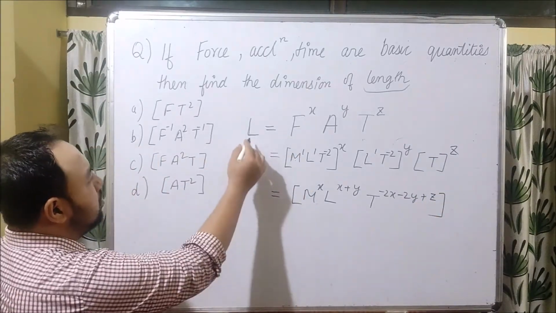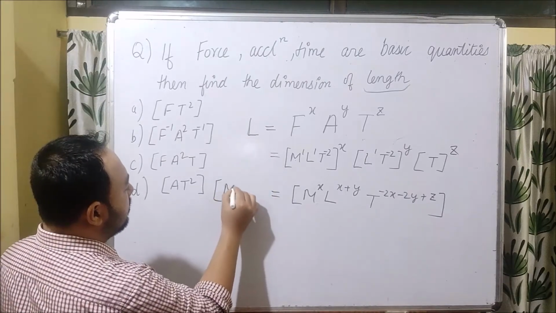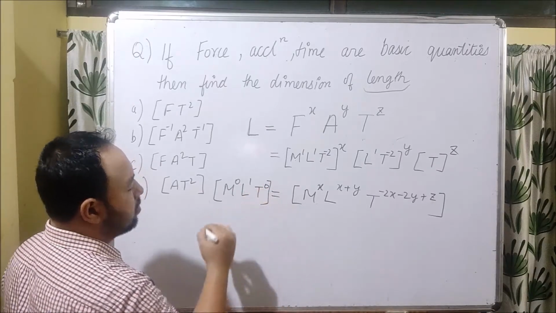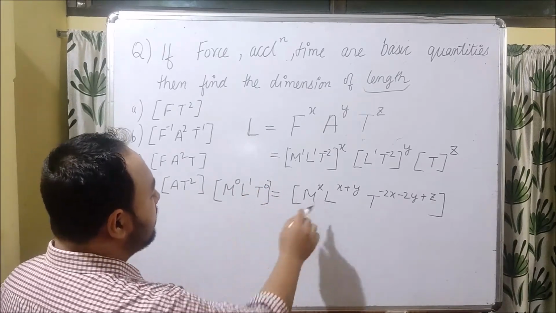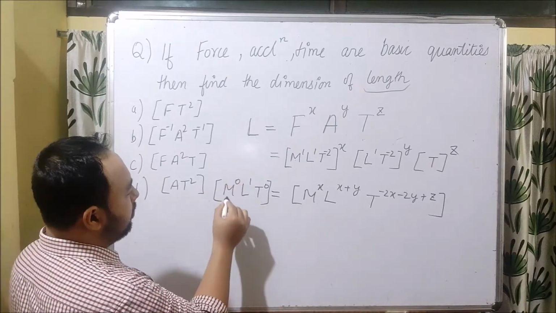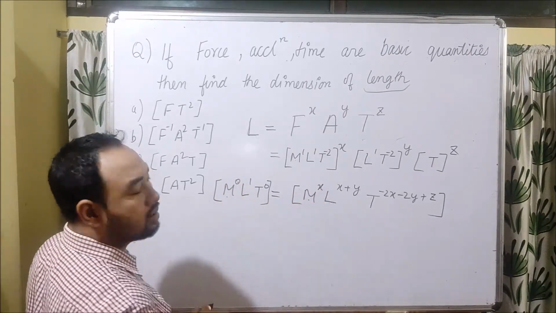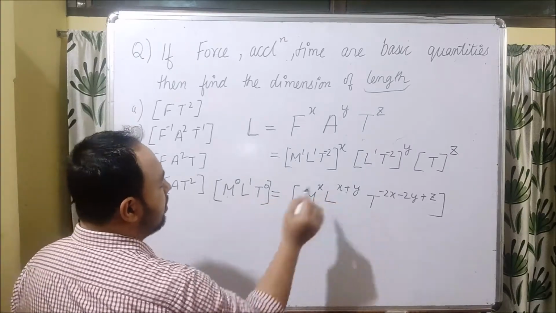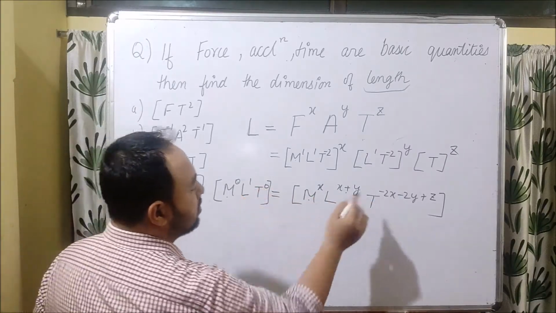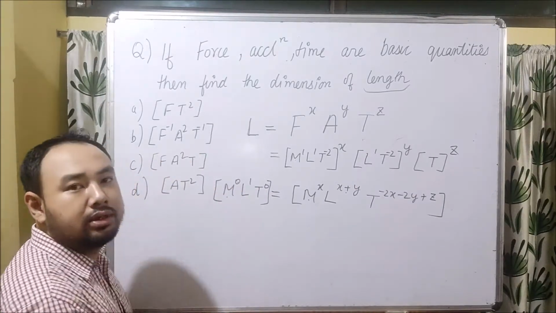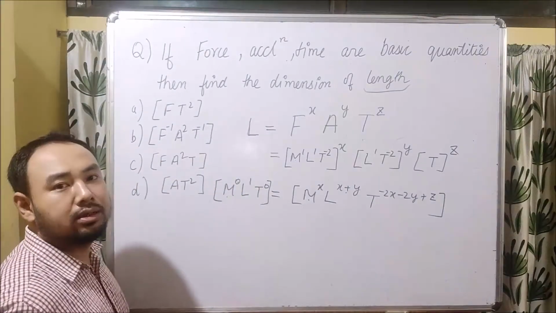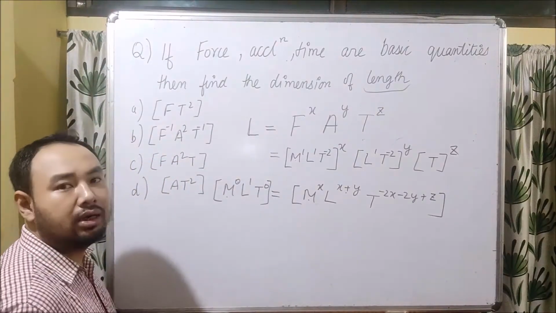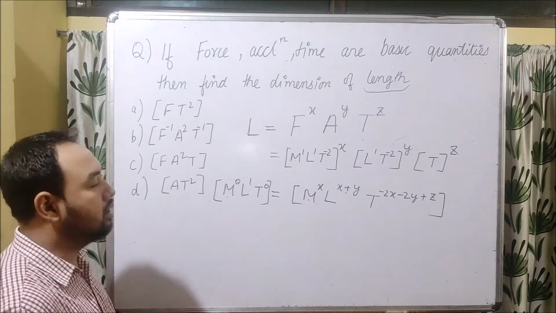Okay, so for length what we have is m0 L1 t0. So now if you equate this, the power for m is 0, for m it is x, then x will be equal to 0. Then for length you have to equate, and for time also. So this is very easy. You reply with this answer in the comment section. Try to solve it, and if you did not understand this, you can write it down in the comment section.